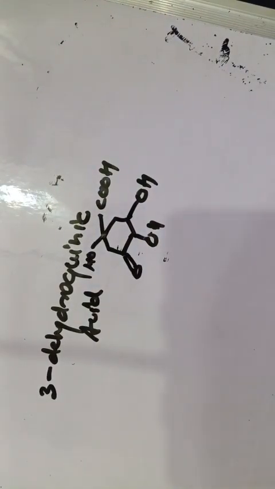This is the 3-dehydroquinic acid, which is formed after the cyclization of 2-keto 3-deoxy 7-phospho D-glucoheptonic acid.